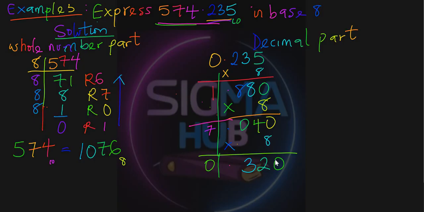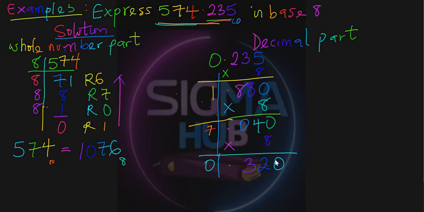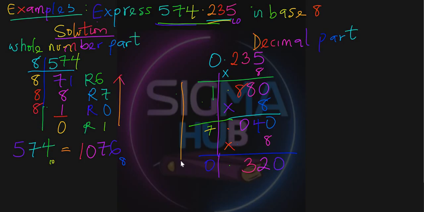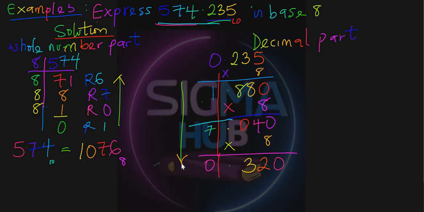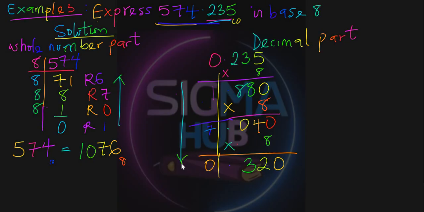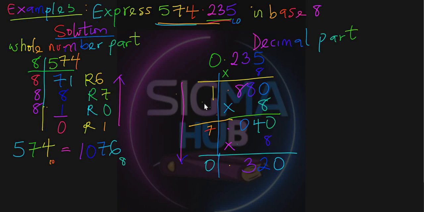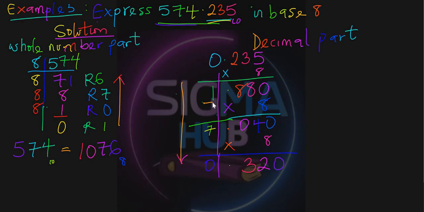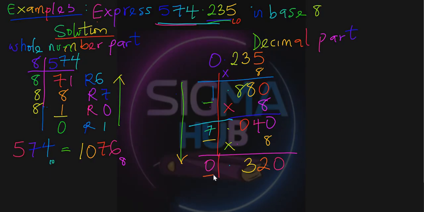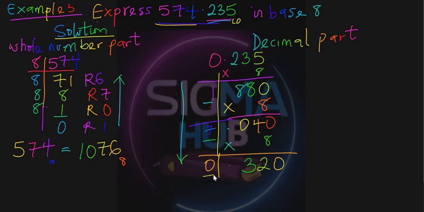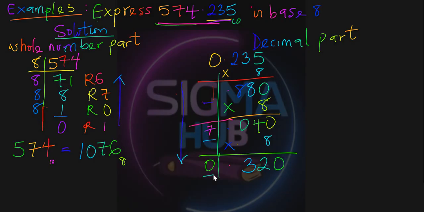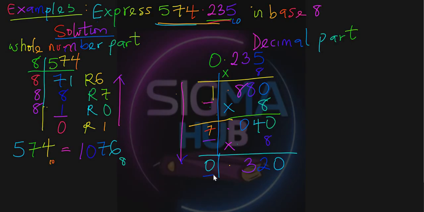So in this situation, I'm now going to pick the numbers downward from the top. That is from 1. I'm going to pick only the whole number part. That's 1, 7, and 0. They are the ones I'm going to pick for the decimal number. You can see it's just the complete opposite.